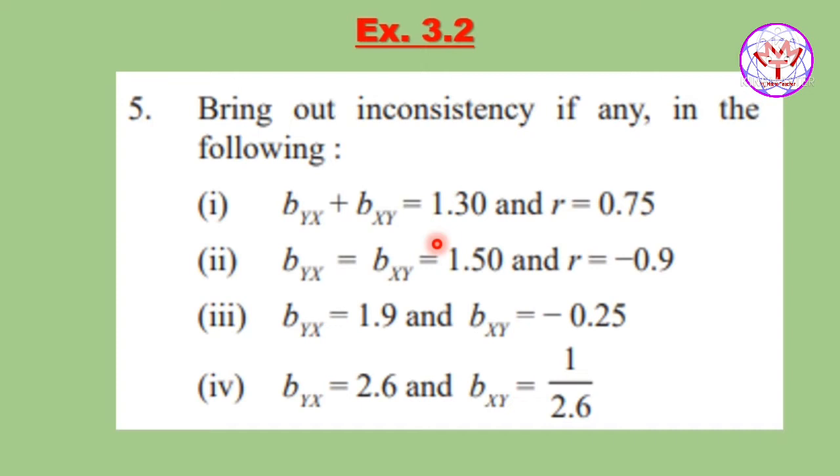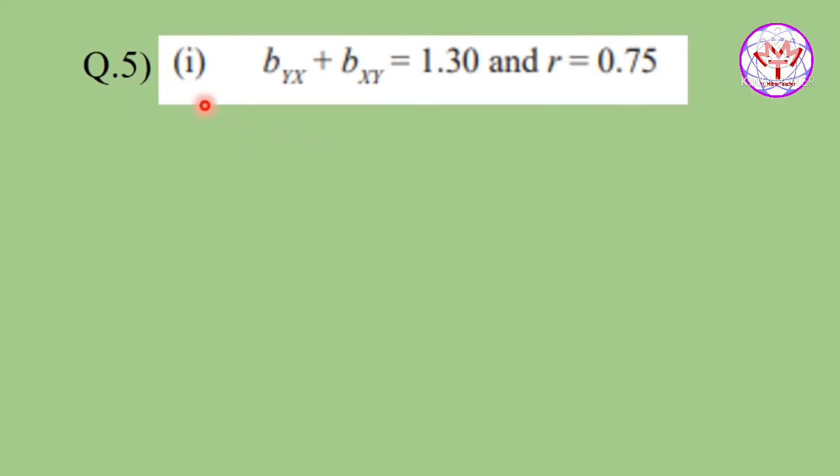Now let us start. The first sub question is byx plus bxy is equal to 1.30 and r is equal to 0.75. Students, here we have to make use of the property of average of coefficients of regression. We know that the average of coefficients of regression is always greater than r. So let's check.